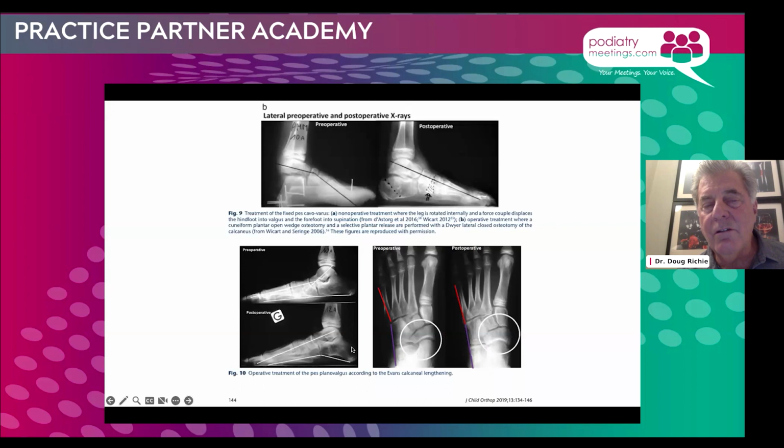They then took a pes planus foot and performed an Evans procedure, a lateral column lengthening to correct flat foot deformity. This procedure does not directly use a twisted plate mechanism. It stiffens the lateral column of the foot so that the calcaneocuboid joint is more stable, and then it allows the peroneus longus to pronate the forefoot on the rear foot, and thus indirectly correct flat foot.